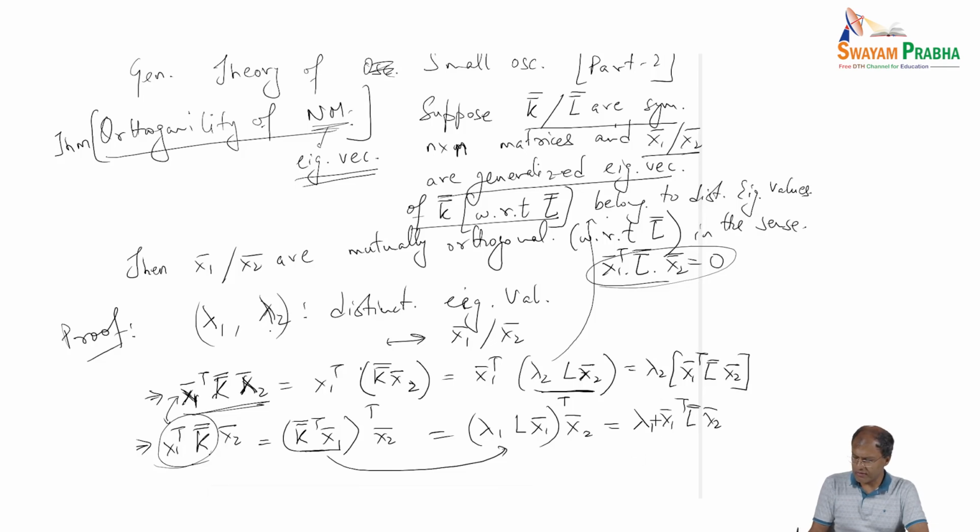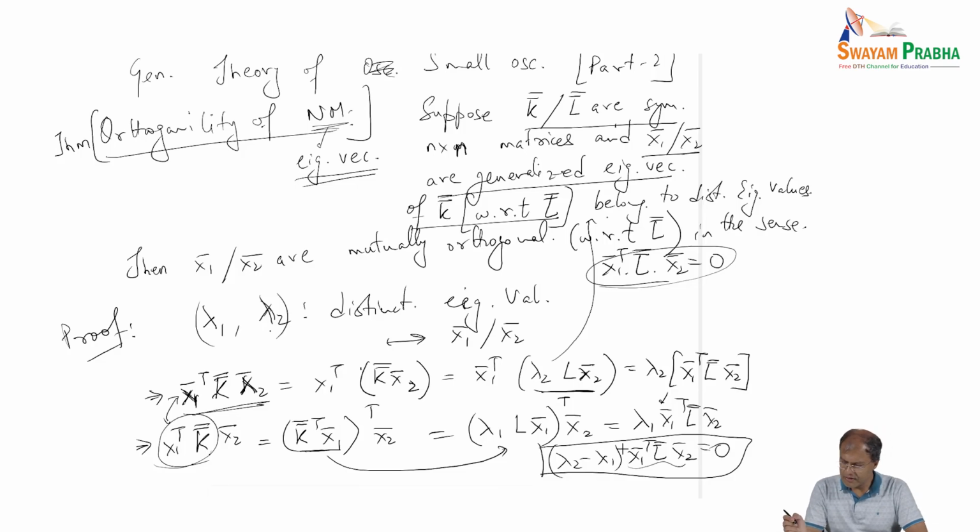Since these quantities are both identically equal, if we subtract one from the other, we see that lambda 2 minus lambda 1 times x1 transpose L x2 is equal to 0. We are also given that lambda 1 and lambda 2 are distinct.